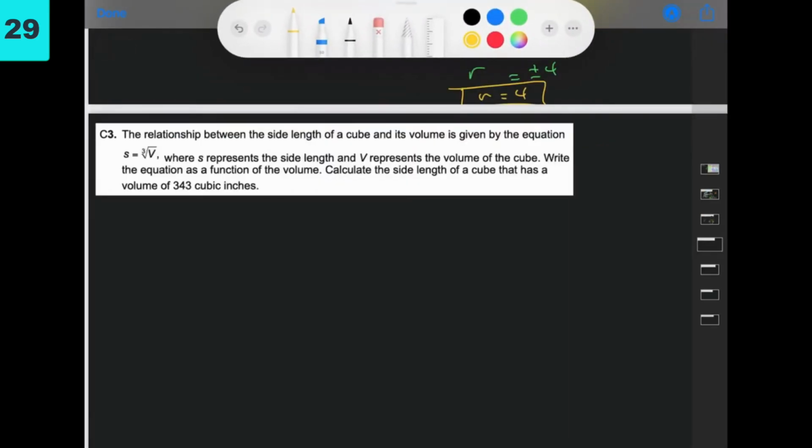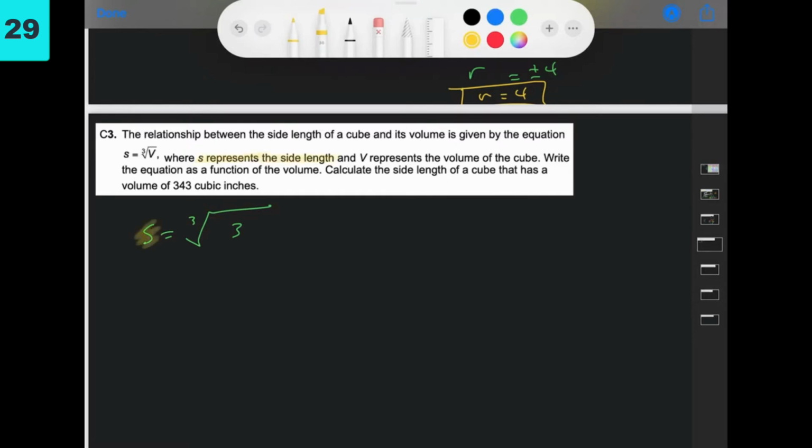The relationship between the side length of a cube and its volume is given by the equation S equals the cube root of V. Let's write that. S equals the cube root of V. Okay. Now it's going to tell us some things using my highlighter. S represents the side length.